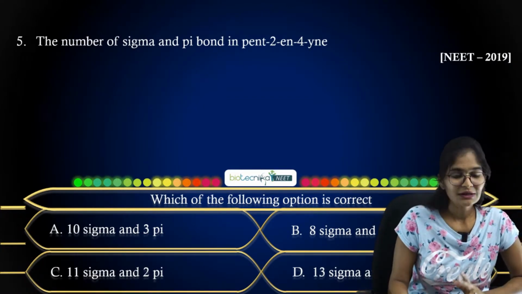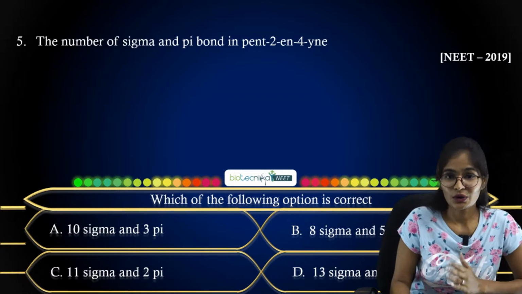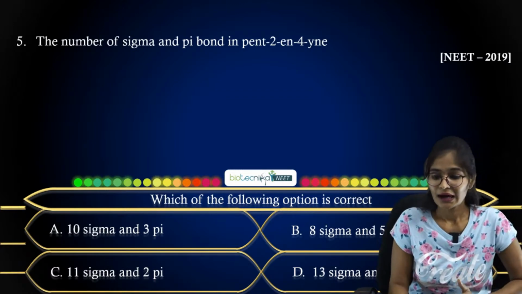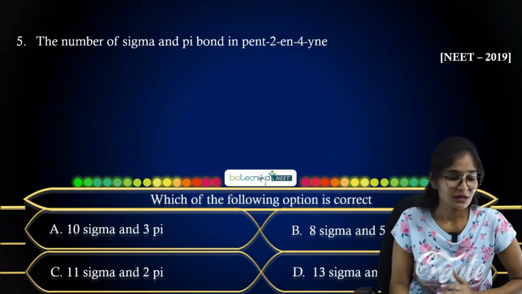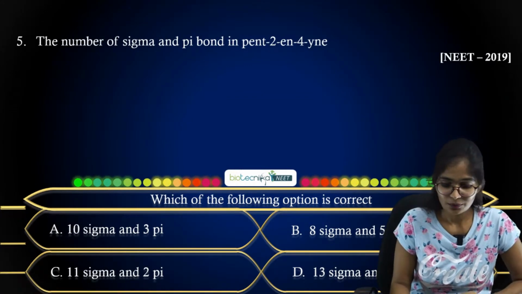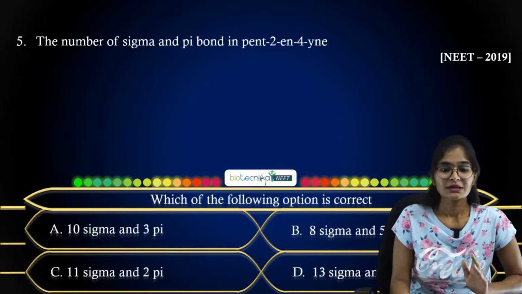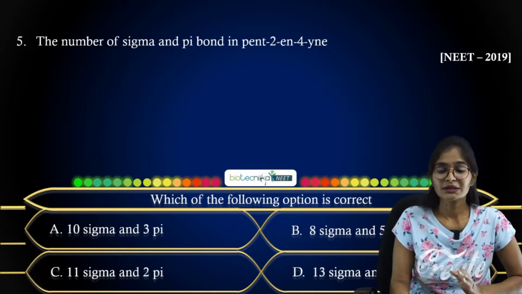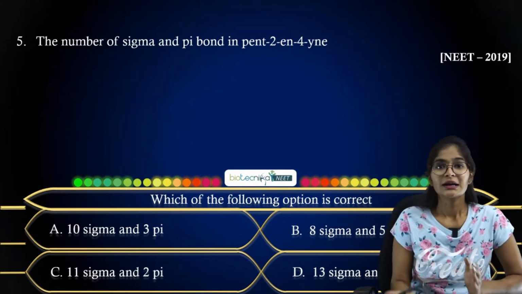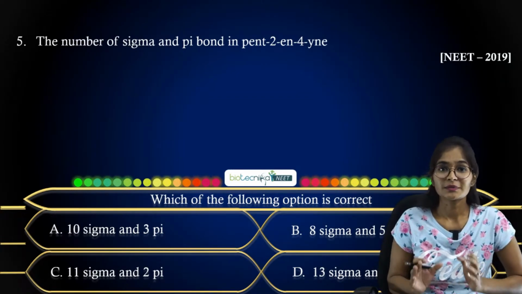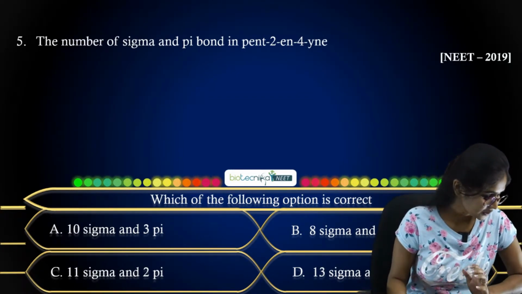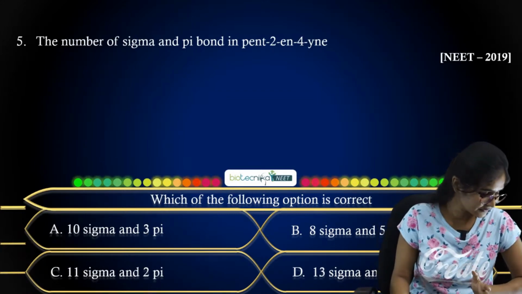Option A has 10 sigma and 3 pi bonds, option B has 8 sigma and 5 pi bonds, option C has 11 sigma and 2 pi bonds, and option D has 13 sigma and no pi bonds. Just try to draw pent-2-en-4-yne, and accordingly you can count how many sigma and pi bonds are present in the structure. Quickly answer, students.